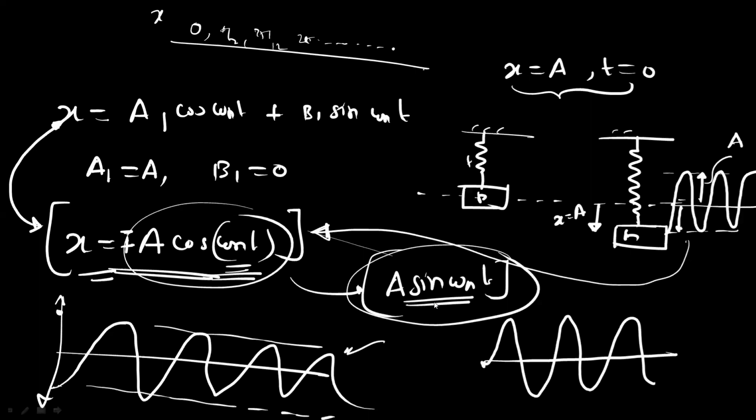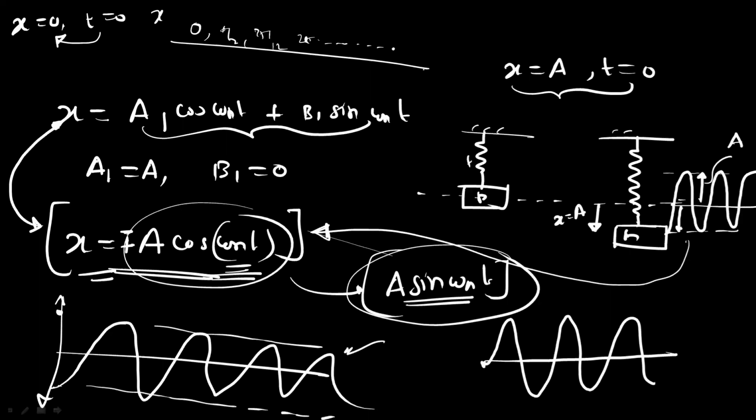In the next lecture, you try to find this equation from this fundamental equation. I will give the boundary condition that at t is 0, your initial value of displacement has to be 0. But the question is, if there is no initial displacement, how is the system going to oscillate?